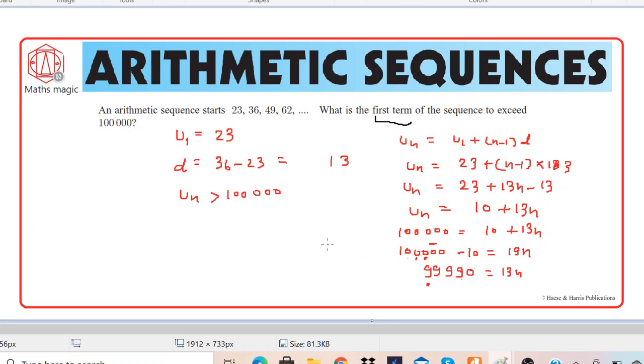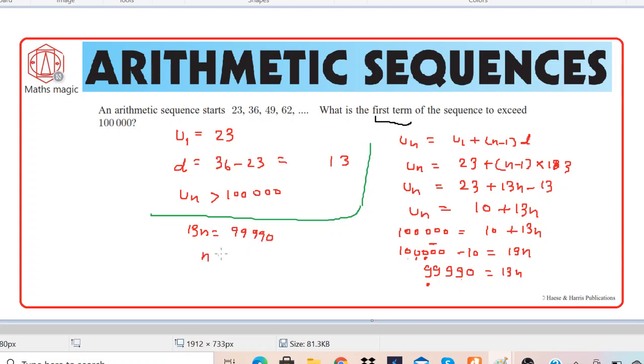Now what will be the value of n? So we can write 13n is equal to 99,990.